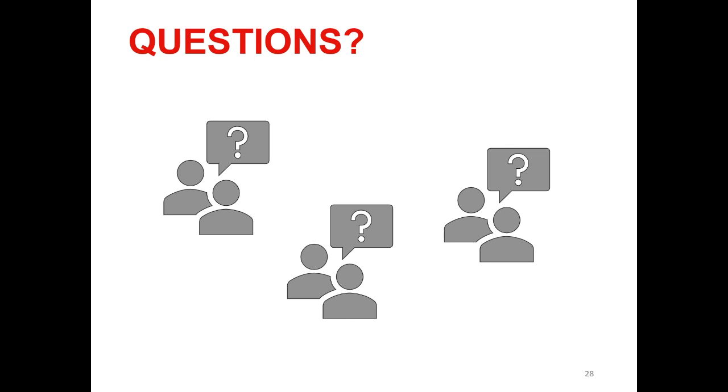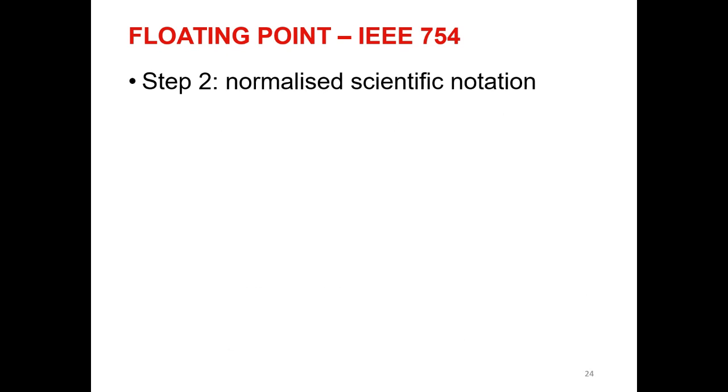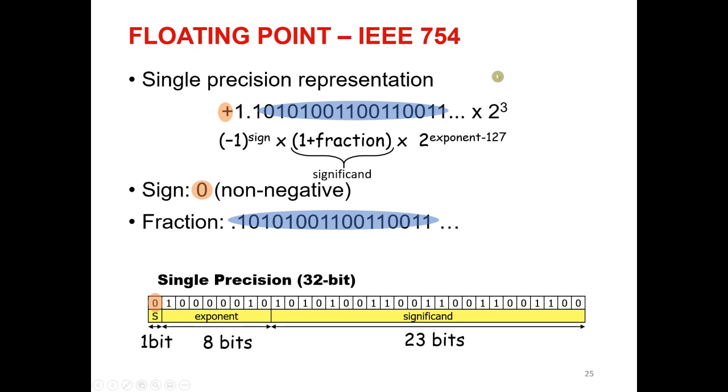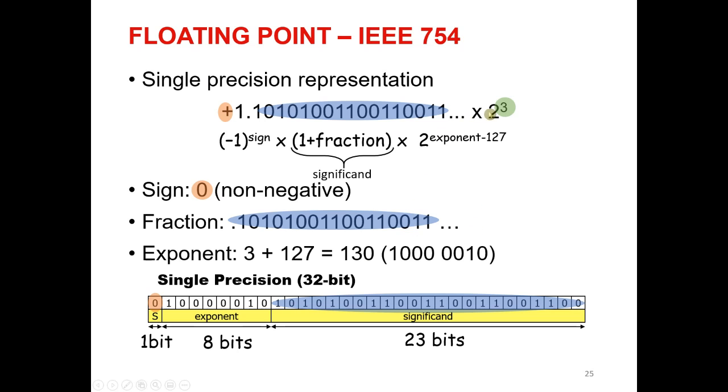Okay, someone is asking, how do we know when we need to add the number to the bias and when to take it away? Here, for instance, if I have the actual exponent and I want to represent this number in the IEEE 754, then this is the actual exponent, the real one. So I need to add the bias and put the resulting number here.